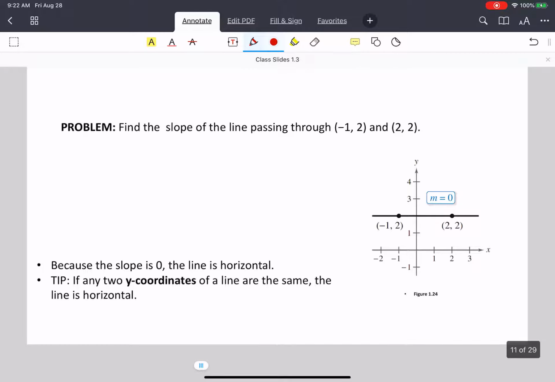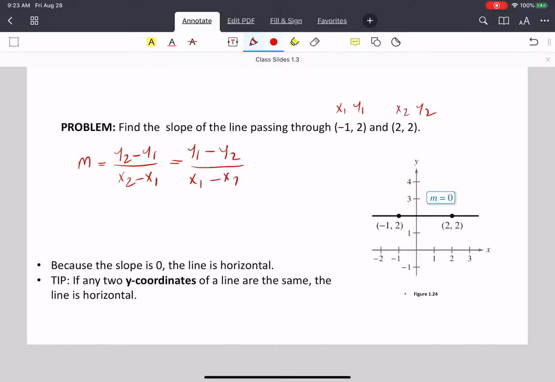Here's an example. Find the slope of the line passing through (-1, 2) and (2, 2). All right, so we're going to apply the same formula, with x1, y1 and x2, y2. Slope is always y2 minus y1 over x2 minus x1, or similarly, y1 minus y2 over x1 minus x2. They're both the same.